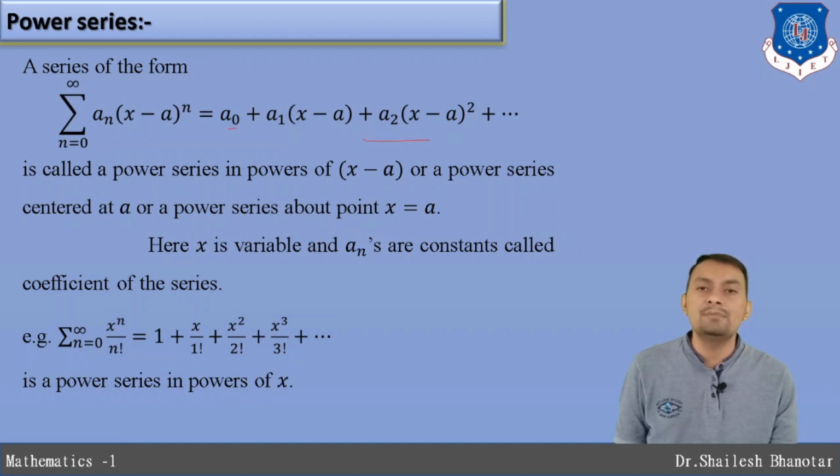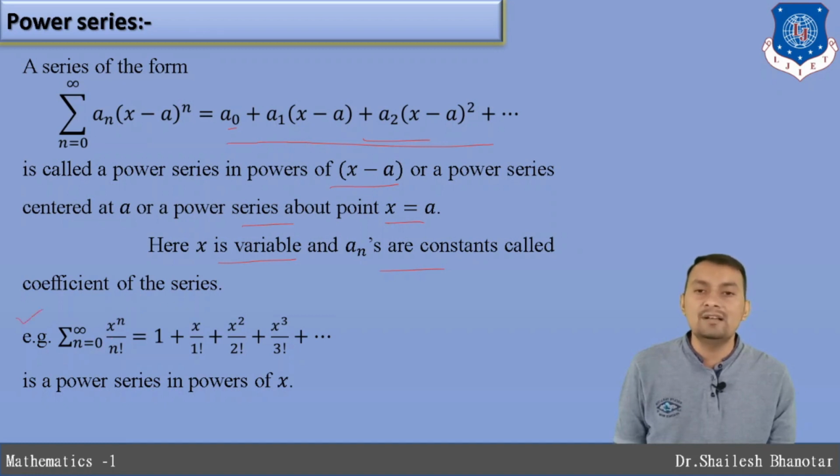So this is nothing but a power series, and this is a power series in powers of x minus a, or you can say a power series centered at a, or a power series about the point x equal to a. Here x is a variable and an is a constant, called the coefficient of the series.